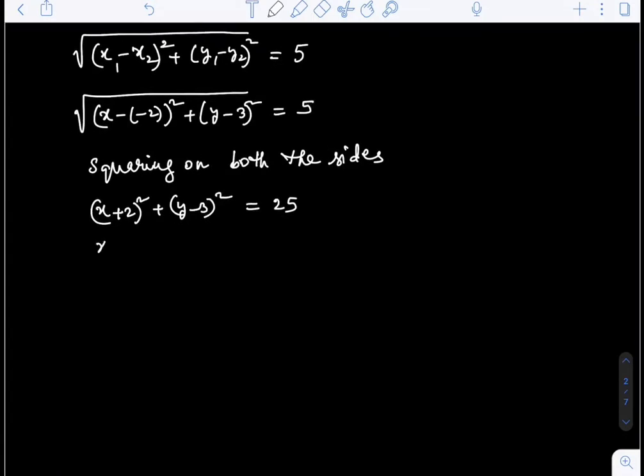what will be the next step? A plus B whole square formula is applied here. That is A square plus 2AB plus B square. In the same way, y minus 3 whole square also is written. That is y square minus 2 into y into 3 plus 3 square is equal to 25. X and y square terms write together.